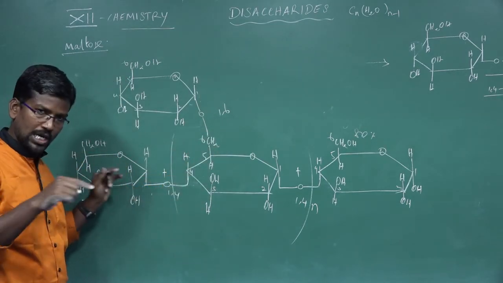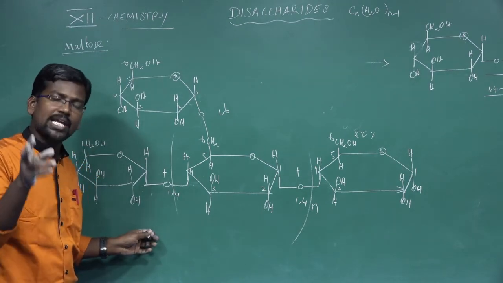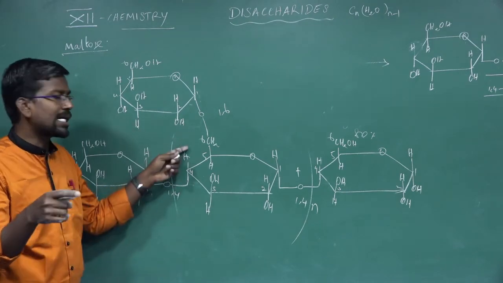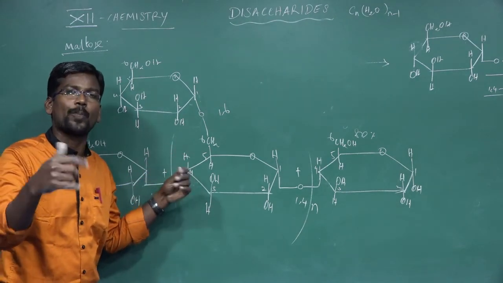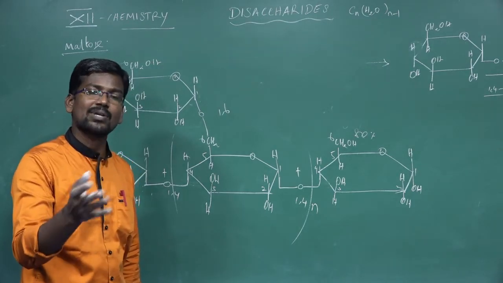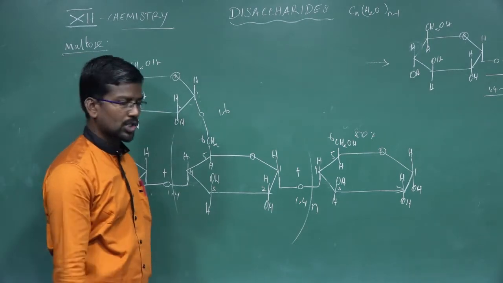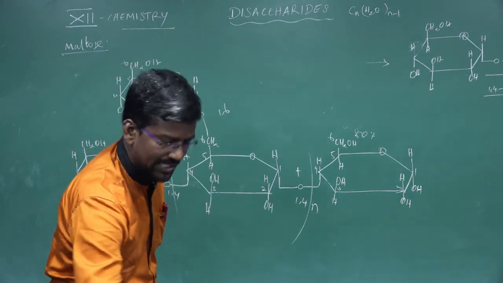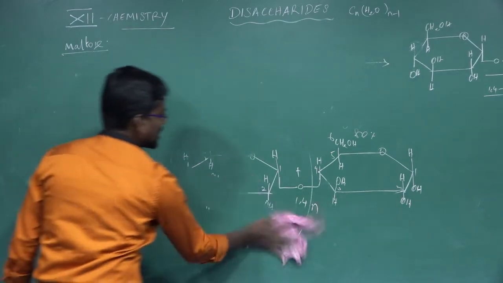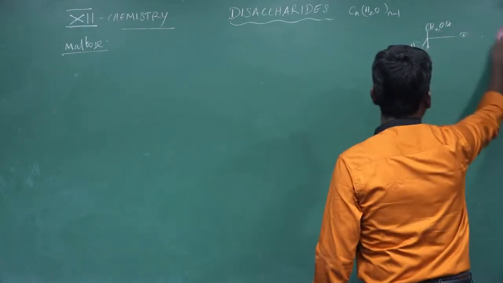Only 1,4 linear chain formation means amylose. The linear chain contains 1,4 glycosyl linkages, and in addition, 1,6 linkages mean amylopectin. Amylose is the linear compound, and amylopectin is the linear as well as branched compound. Both are starch substances. So starch is separated into two fractions: one is amylose and one is amylopectin.